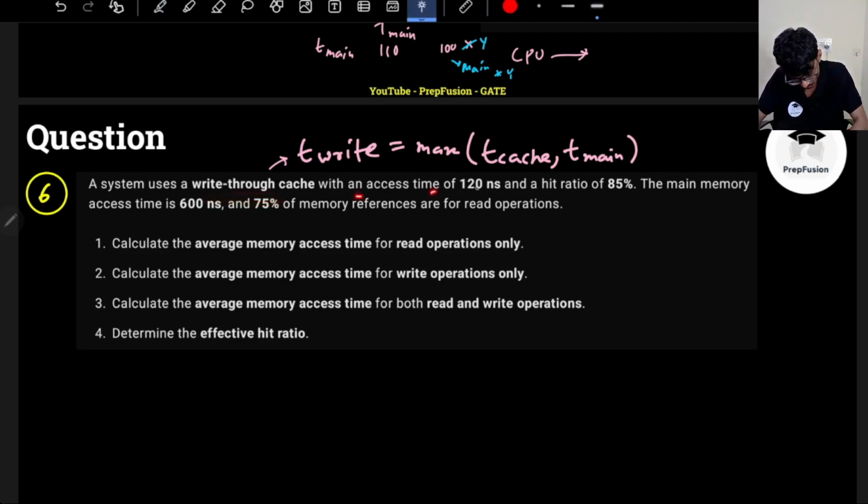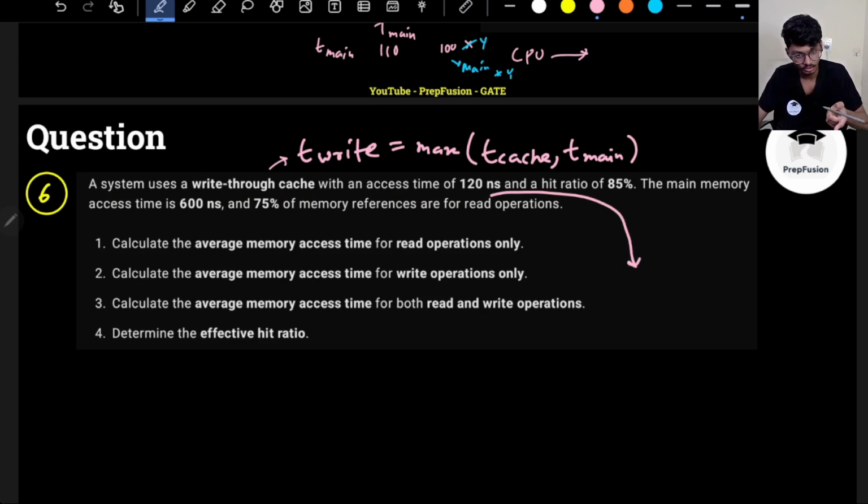The system uses write through cache with an access time of 120 nanoseconds and a hit ratio of 85%. Basically this is telling me the cache access time.